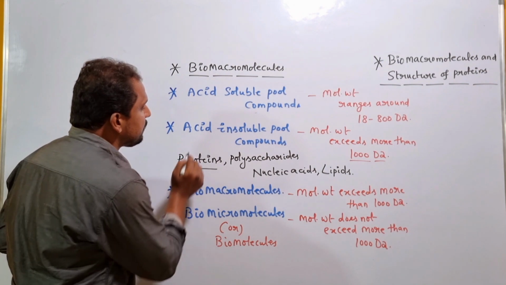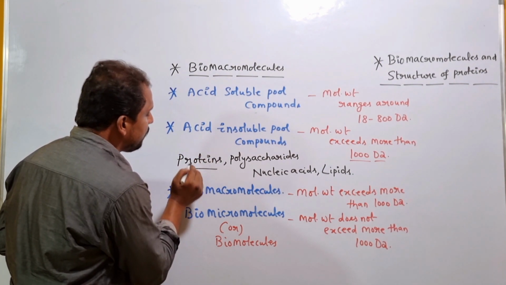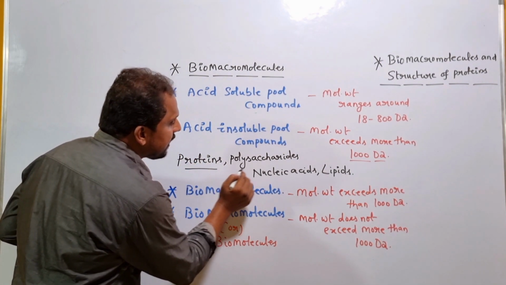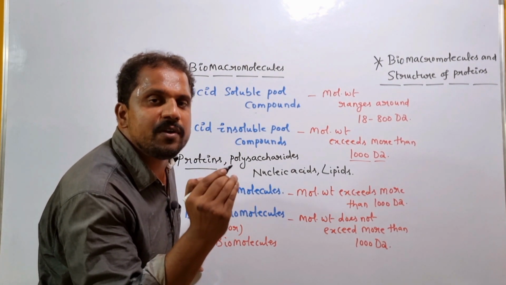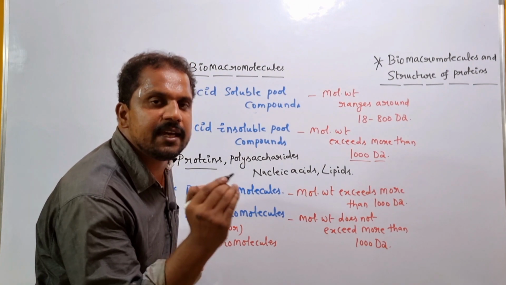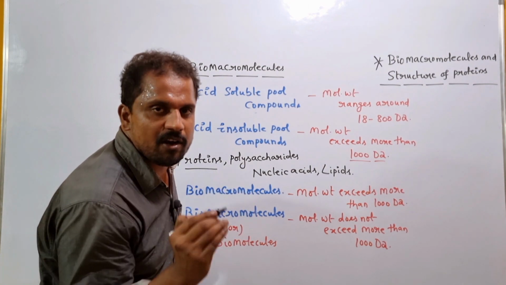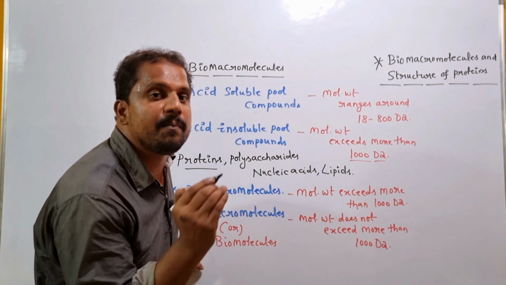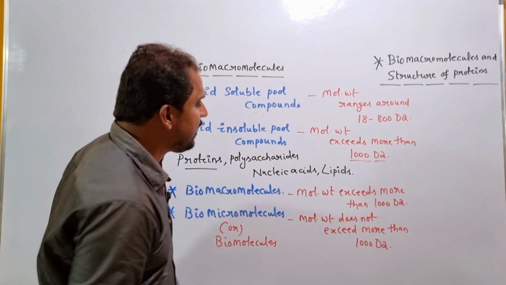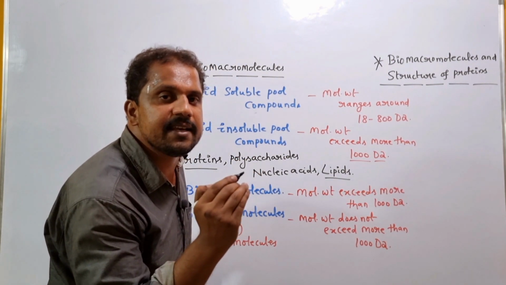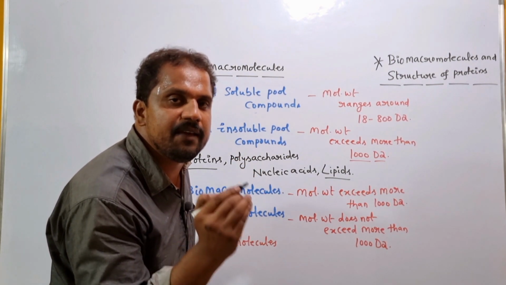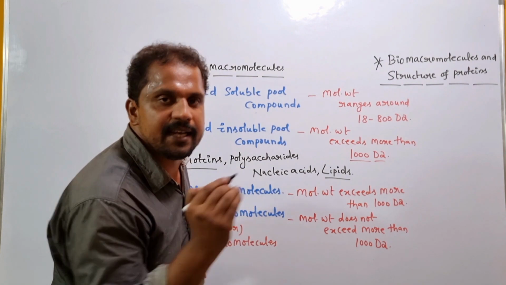So the reason why the others are placed under the acid insoluble pool is that they are termed biomacromolecules, but the lipid molecule, whose molecular weight does not exceed 1000 Dalton, is still placed under the acid insoluble pool.